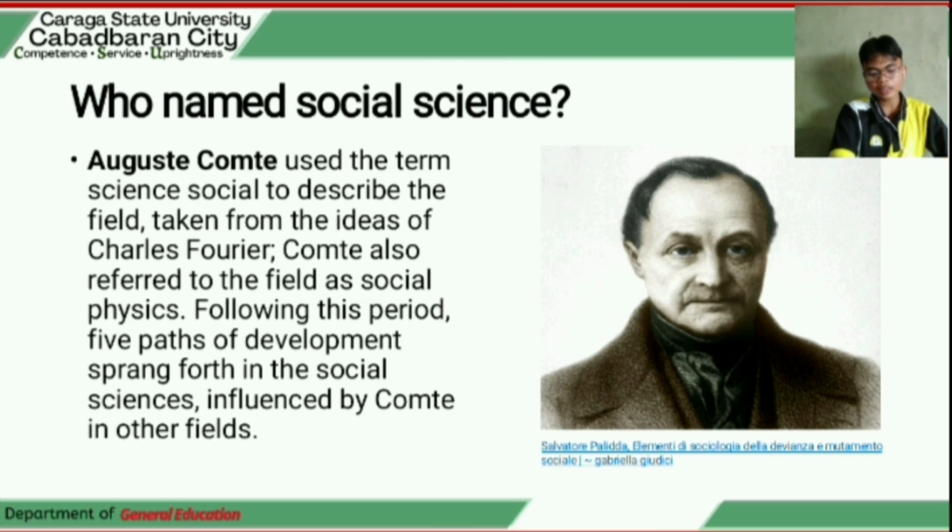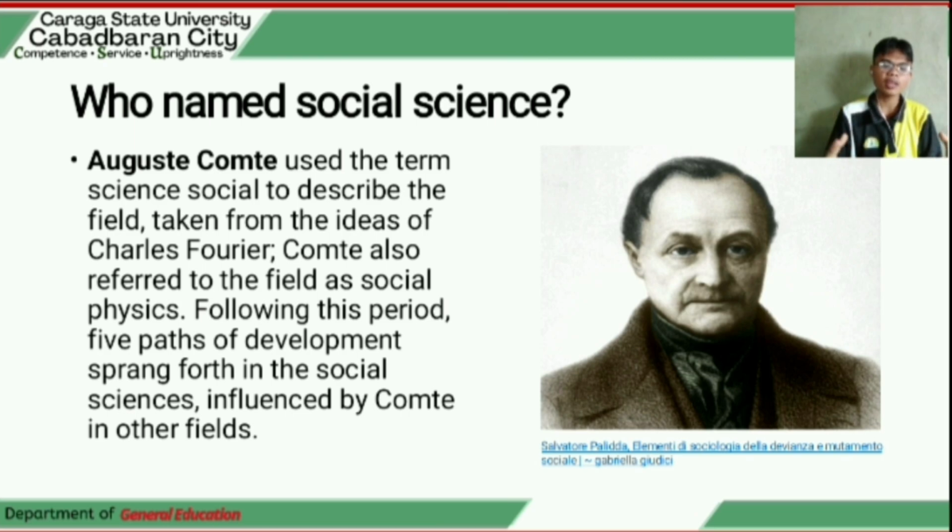So, the study of social science is the discipline that attempts to understand the forces outside us that shape the lives, interests, and personalities. So, Auguste Comte was one of the founders of sociology, or what we call social science.